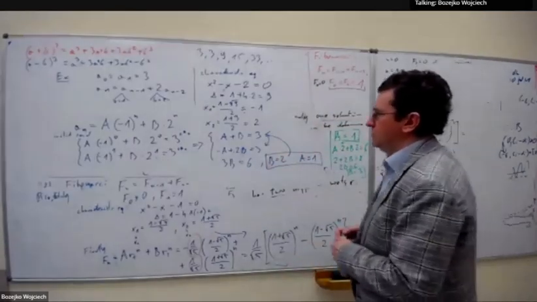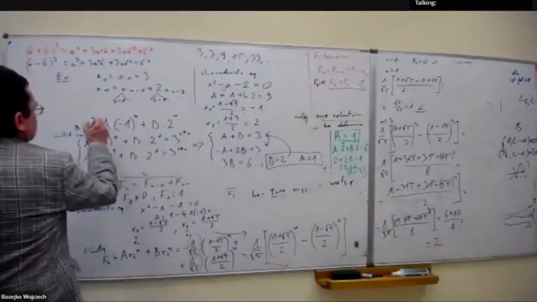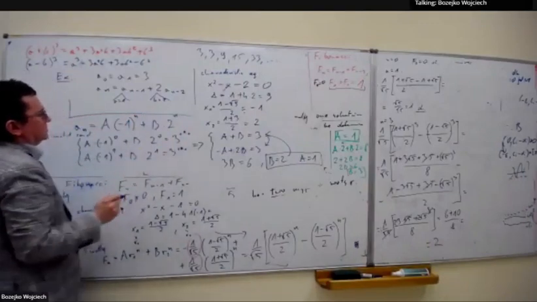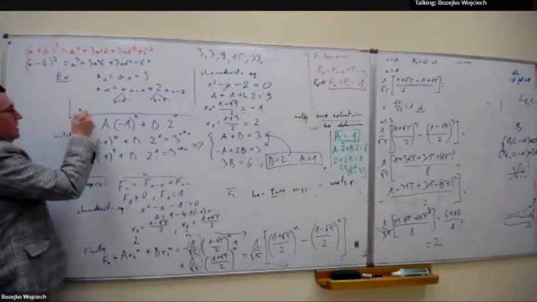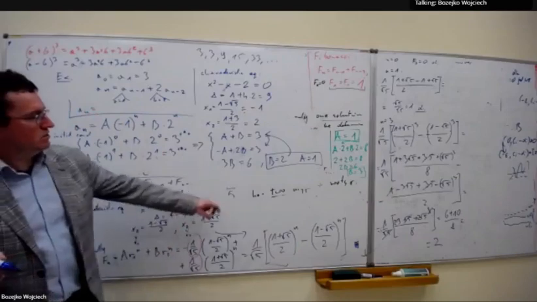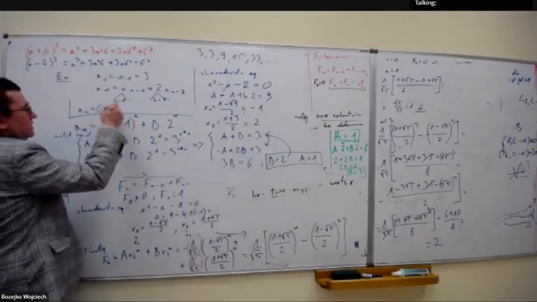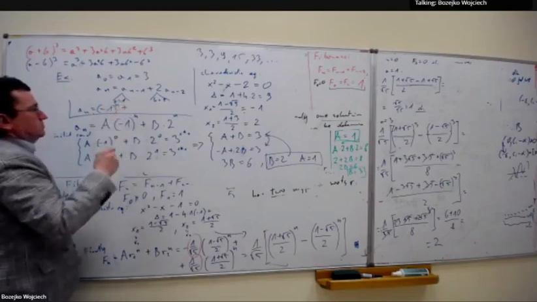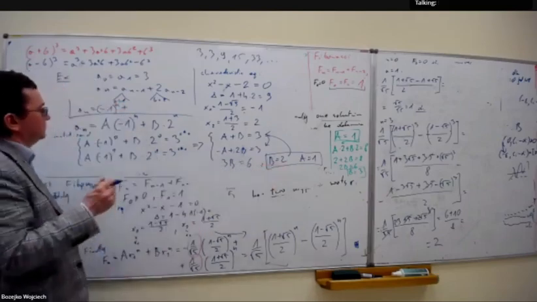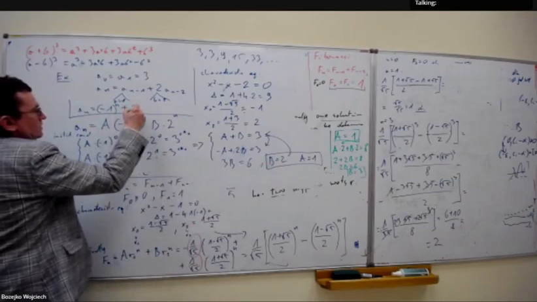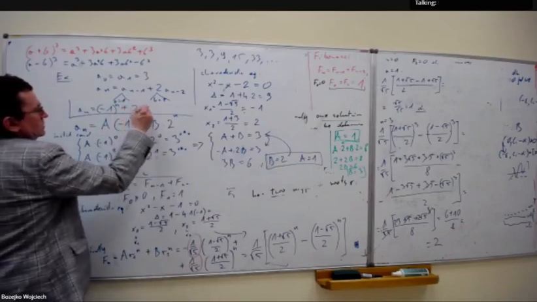So finally, we have such a form of the general element of this sequence, that an will be a, this is 1, times minus 1 to the power of n, plus b, which is 2, times 2 to the power of n.